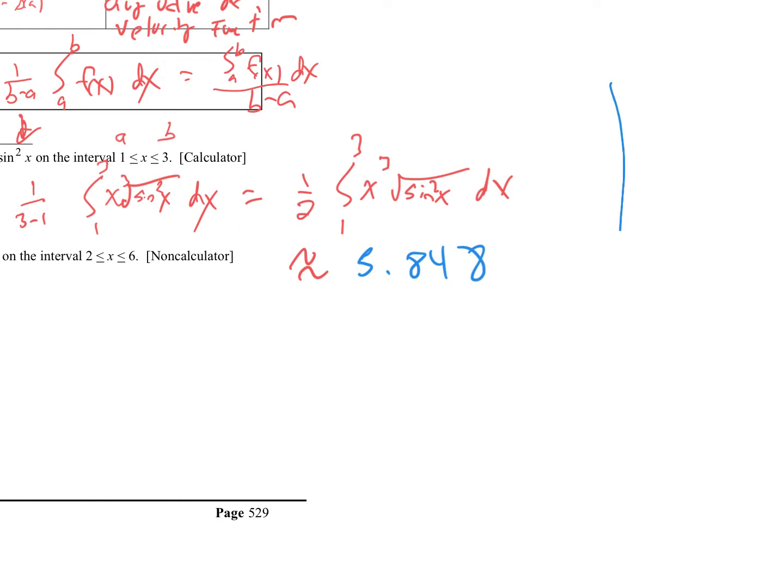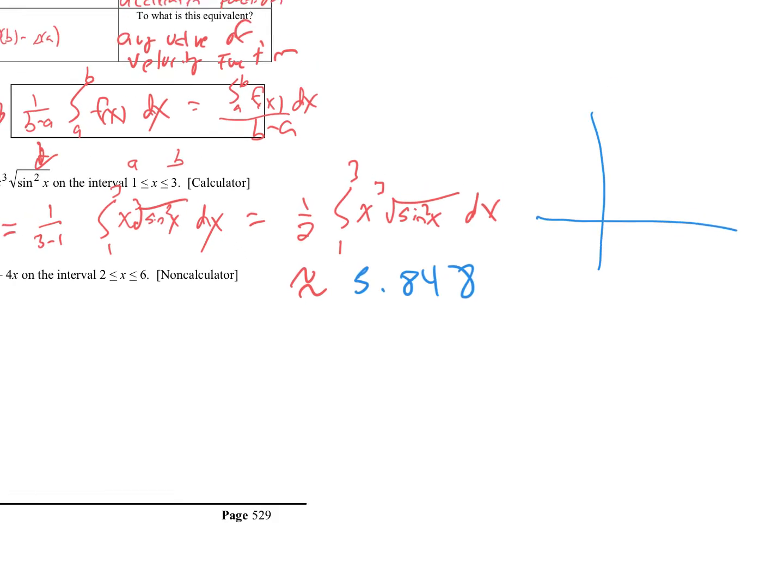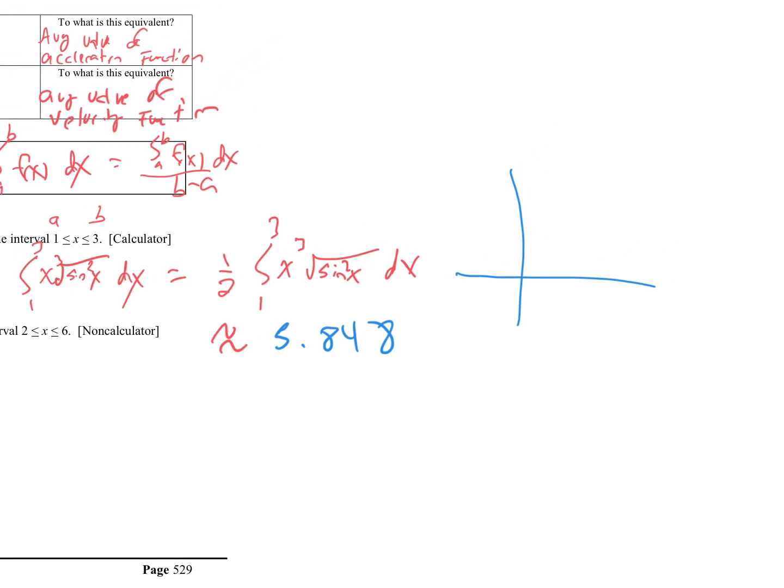What's happening in this, and maybe in physics you've seen something like this. You have this crazy function from A to B, and I don't know what it's doing. It's doing some crazy stuff. At A, I'm here, and at B, I'm here.